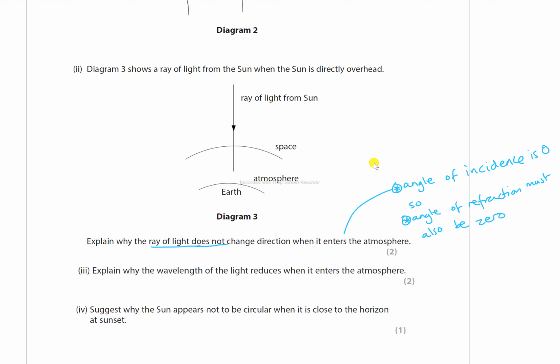There you go. So that's how you get your 2 marks. There's the normal. The angle of incidence is 0 here because normally we see a ray coming in that way and this is the angle of incidence. But they've moved that way. So you've got this now.